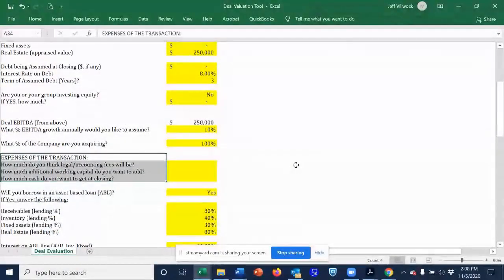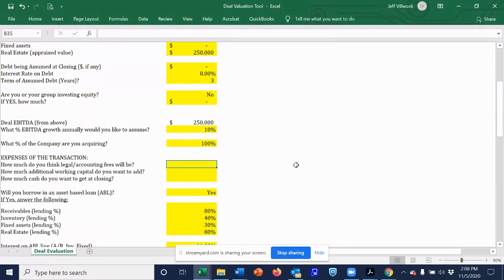Perfect. So the first expense you're going to have, I guarantee you, is going to be legal expense. Somebody has to figure out how to paper this transaction, how to write the contracts, and that's going to cost money. In a typical transaction, this could be as much as $50,000, $75,000.